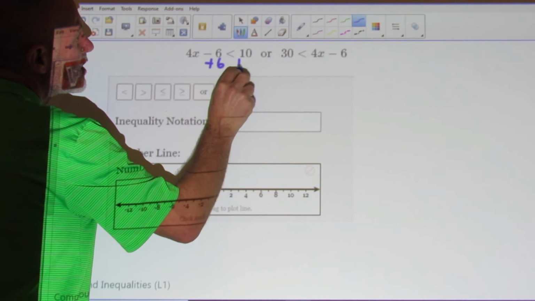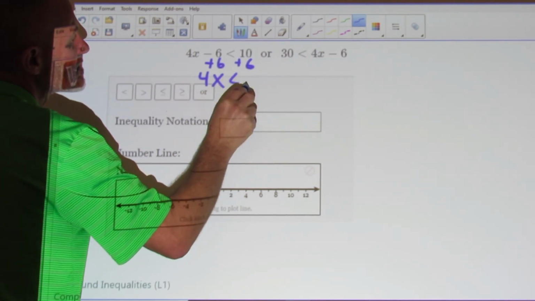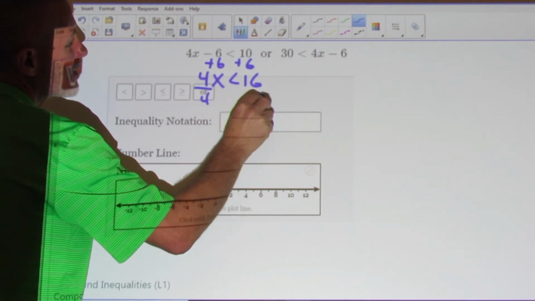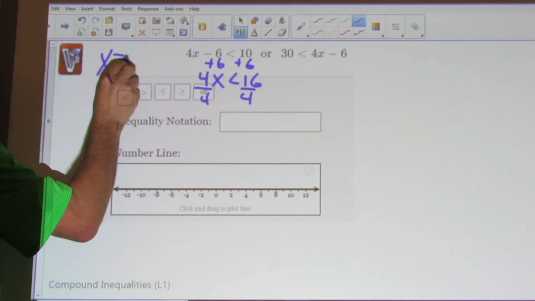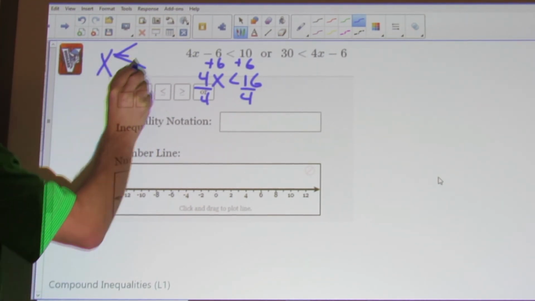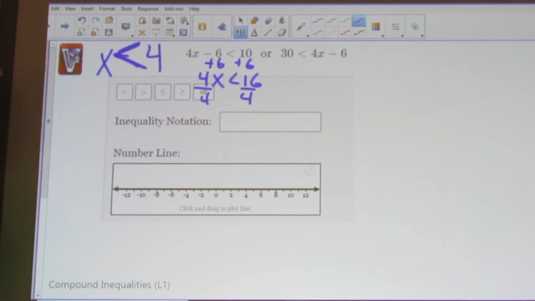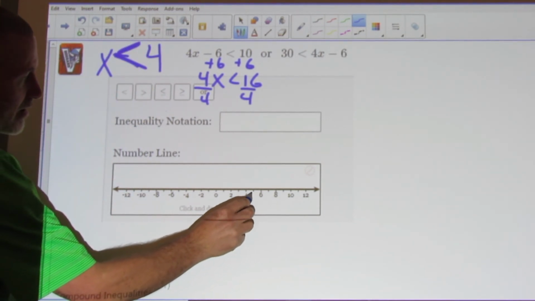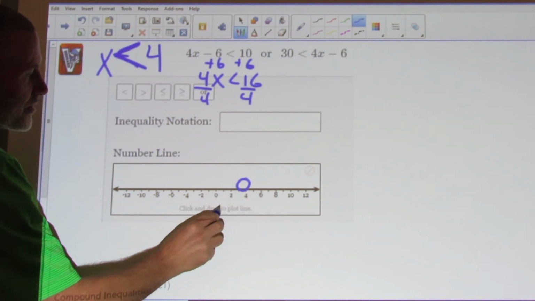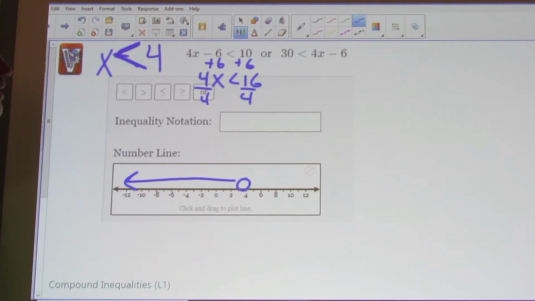So plus 6, 4x is less than 16, divide by 4, x is less than 4. Sorry about that weird less than symbol. X is less than 4. I might draw that right now. It's not equal to it, so it's an open circle, and it's less than 4.